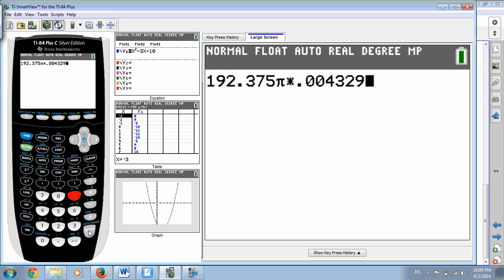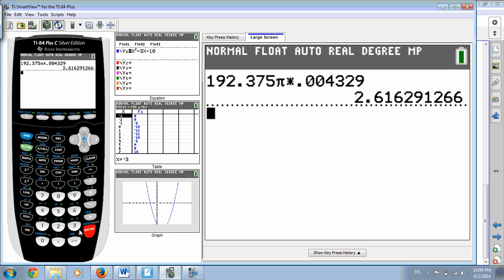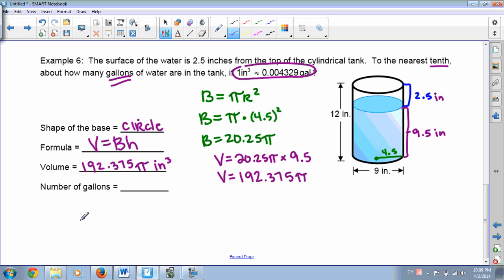And this will give us about how many gallons of water we have. So it says to the nearest tenth. So that's 1 decimal place. So 2.6, and we have to look at the decimal after the 6. It's a 1, which doesn't round the 6 up. So the number of gallons that are here in this tank is 2.6 gallons.